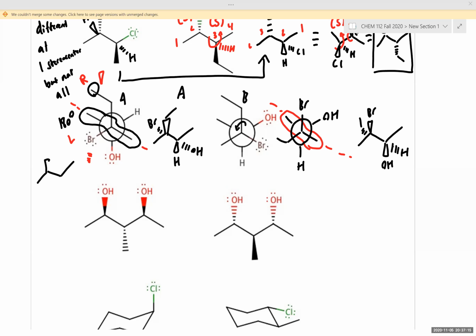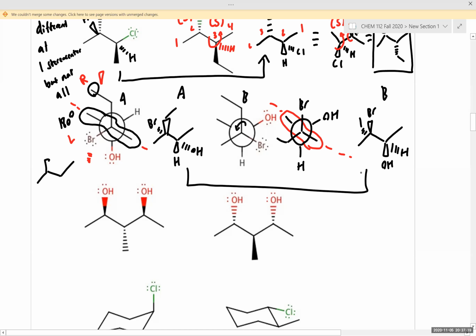So if we compare structures A and B, is the stereochemistry opposite at each stereocenter? What do we call structures that have the opposite stereochemistry at each center? Enantiomers.